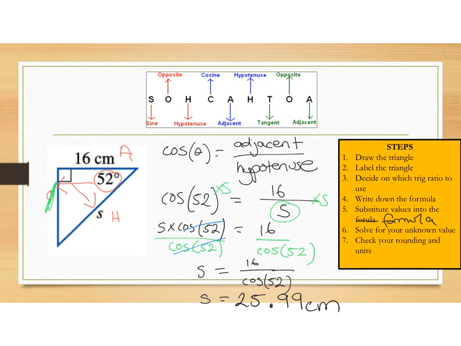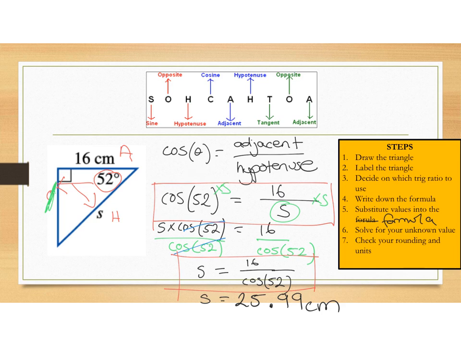Now the little trick I wanted to show you was if we circle, it's getting a little bit messy, but if I circle this original line and then I put another box around this line, you can see that all that's happened to get this S by itself is that I've switched this S with this cosine of 52.